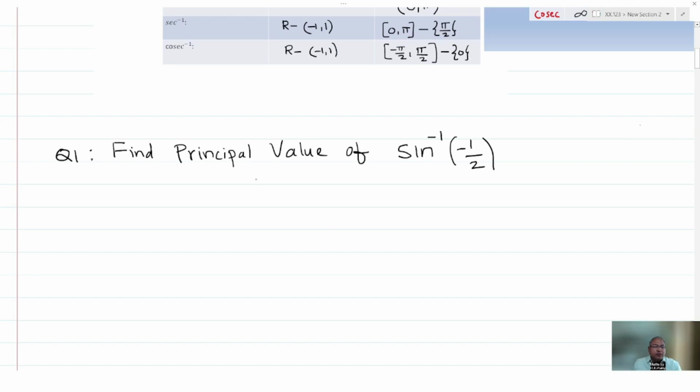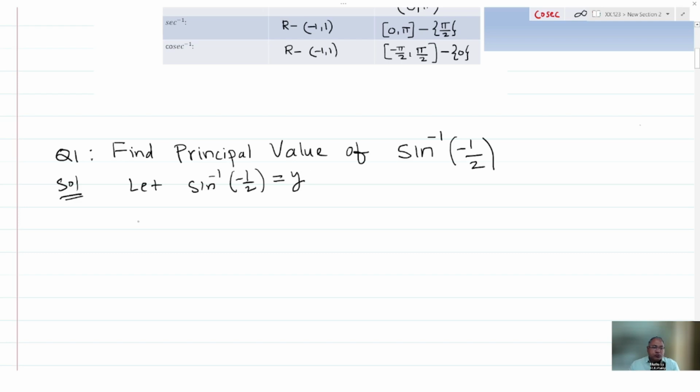Question number 1: find the principal value of sine inverse of minus 1 by 2. For that, under the solution, let sine inverse of minus 1 by 2 equal y.